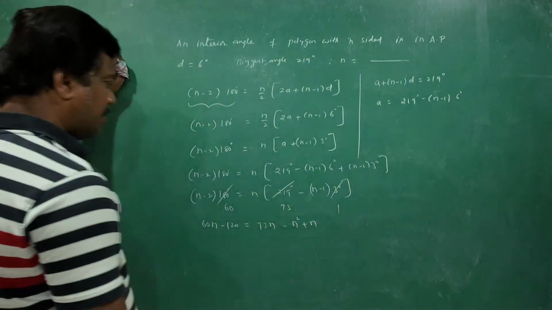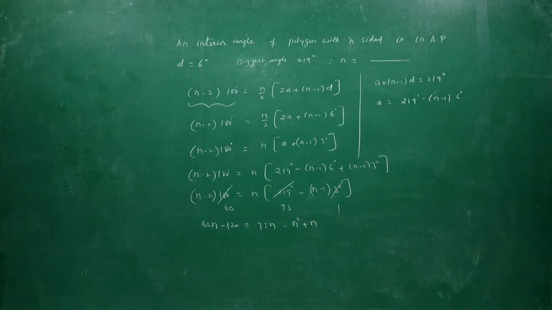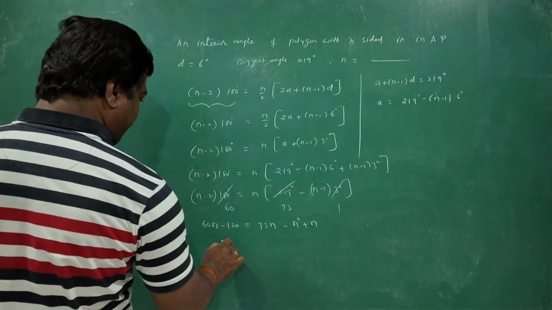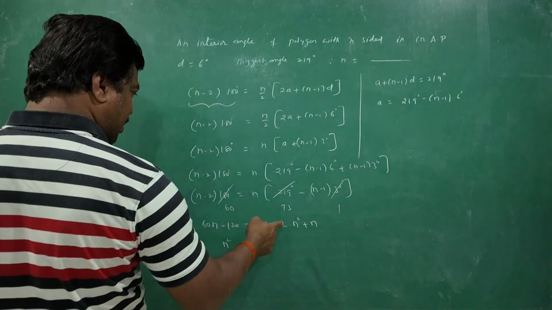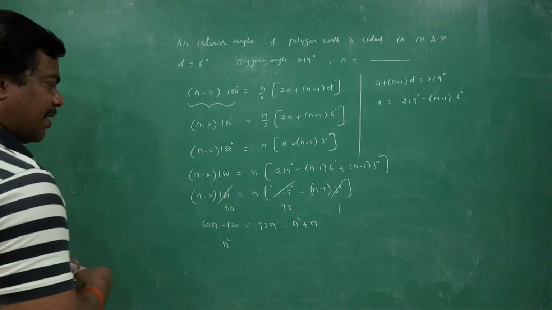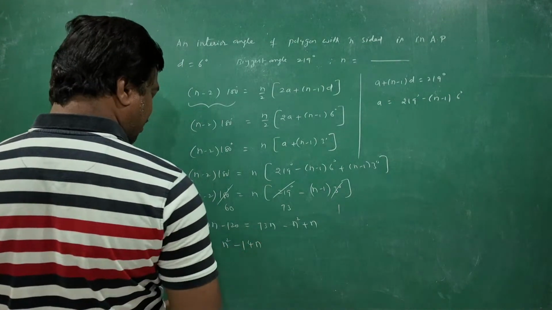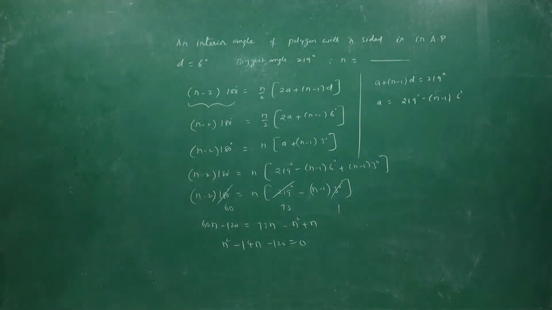So there is a second degree equation in terms of n. Taking n square to the left side, you will get n square minus 14n minus 120 equals 0.